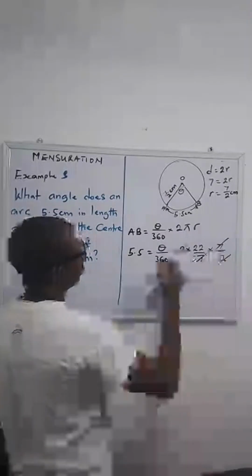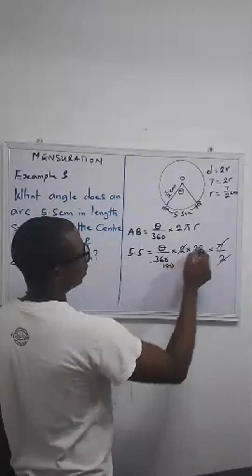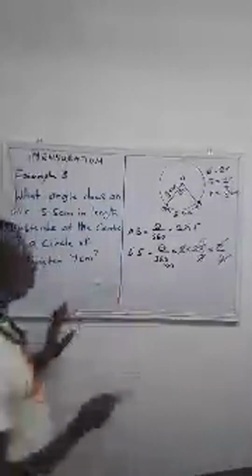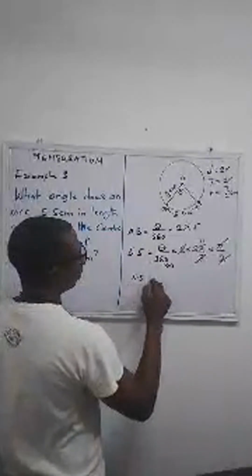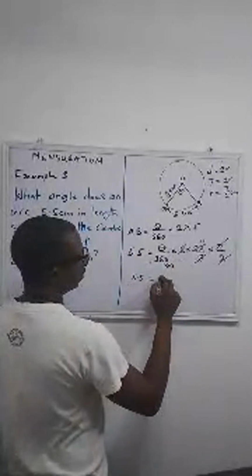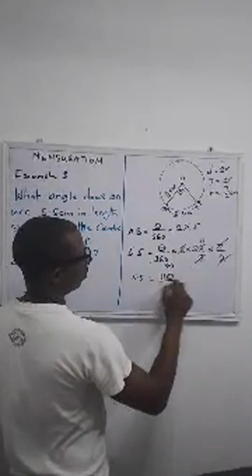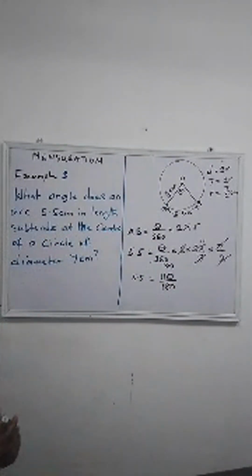So when you divide this by 2, you have 1. This by 2, you have 11. So this equation turns to 5.5 equals 11 theta over 180. Do you get that now?